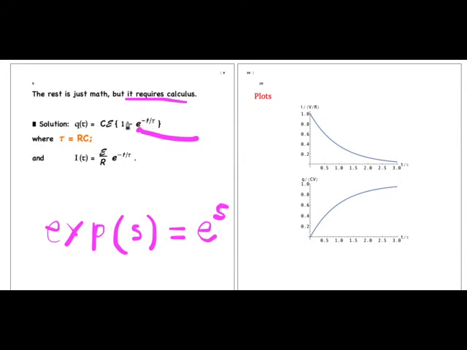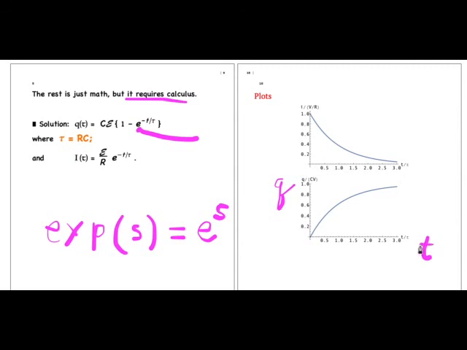Tau is called the time constant because it shows how the time dependence charges the capacitor. So here's again the graph. I had a graph qualitatively a minute ago, but here's a numerical graph of Q as a function of time.